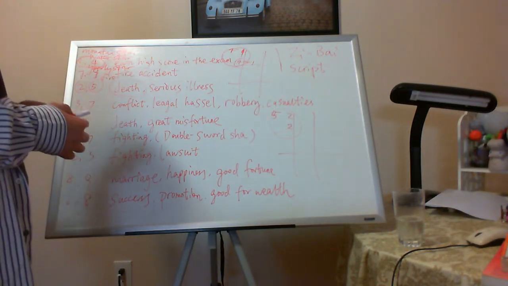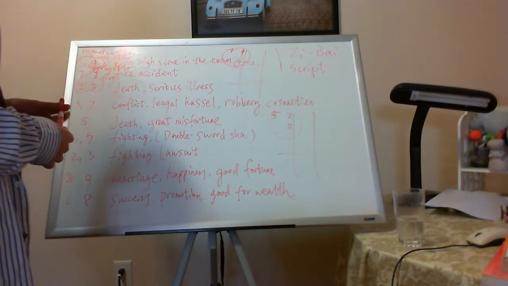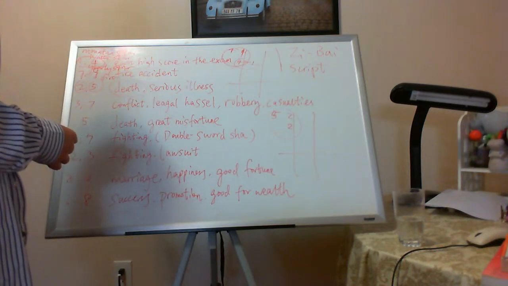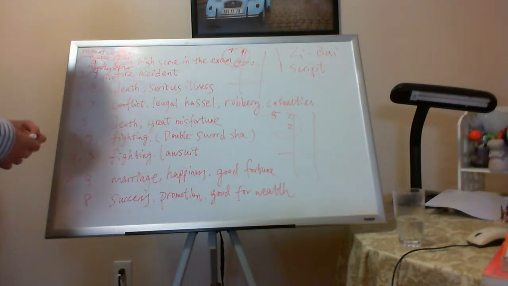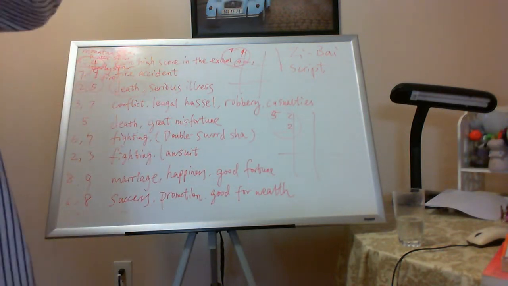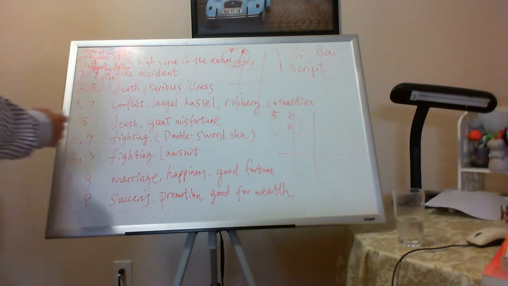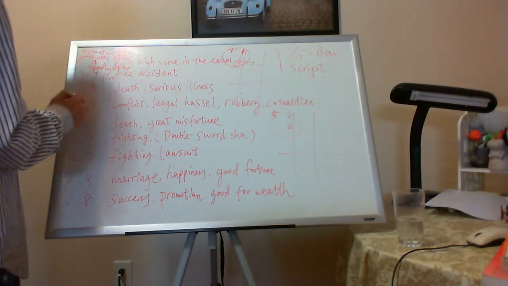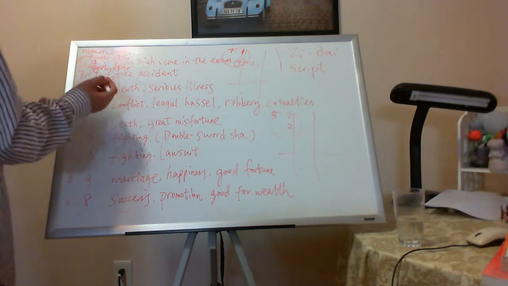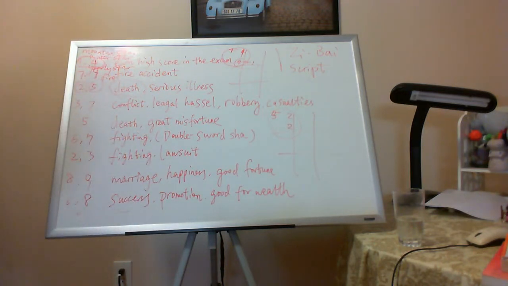Okay, 3 and 7. The combination of 3 and 7 will cause conflict, legal hassle, robbery, casualties, and this conclusion is also very apparent because 3 usually represents conflict, and 7 represents the robbery and casualties.